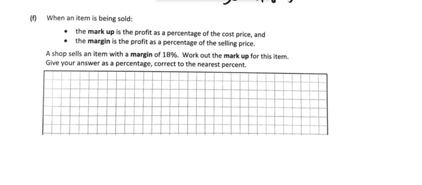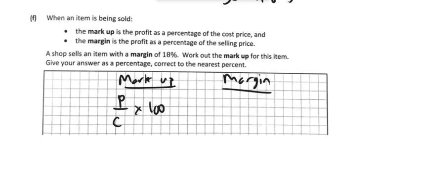Right, so part F. So markup and margin. So we've got two formulae. So profit over cost price multiplied by 100. That's how you get markup. And then profit over, I'll just put an S for selling price, multiplied by 100.